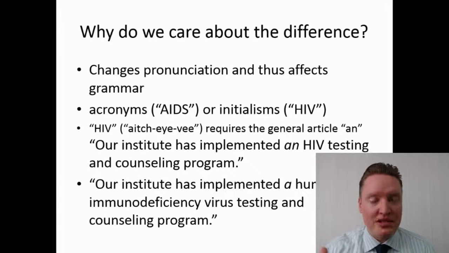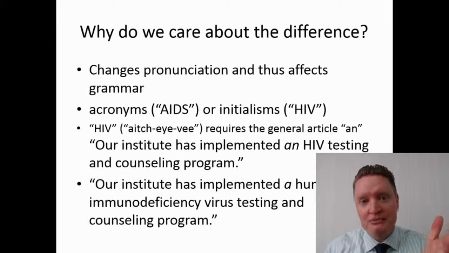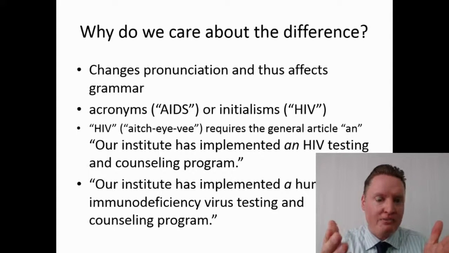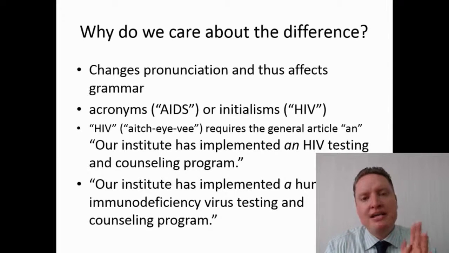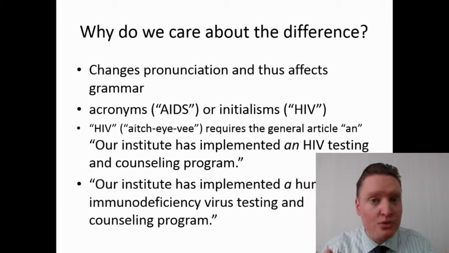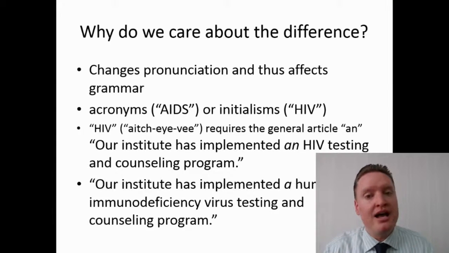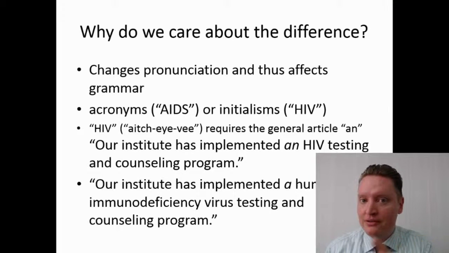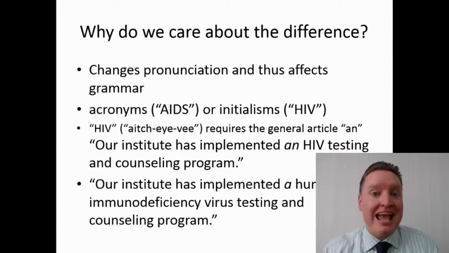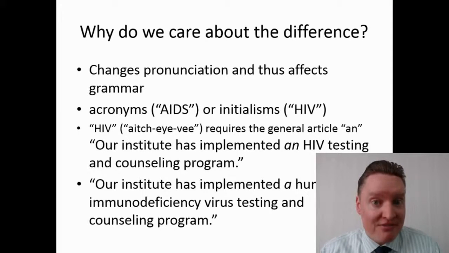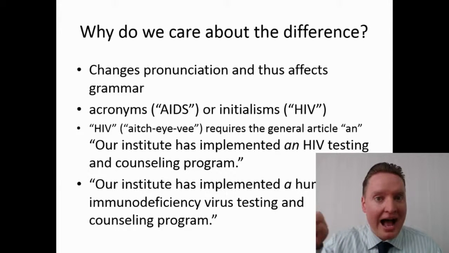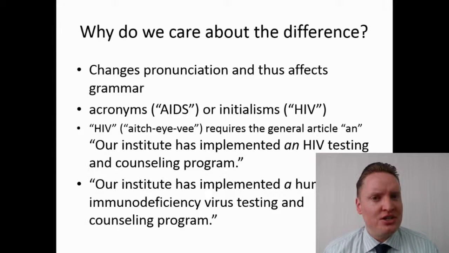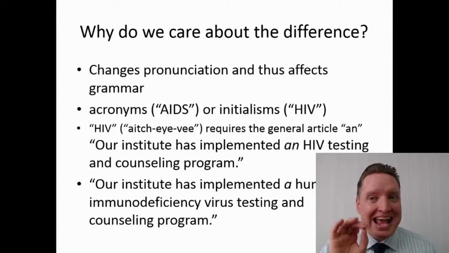Now, why do we care about the difference between the initialism and the acronym? Why is this an important distinction? Because it affects how we pronounce the word, and it affects whether we use an A or an AN in front of the word. Here's my example. Acronym, AIDS. We don't say A-I-D-S, we say AIDS. But when we say the initialism HIV, we do say each letter, H-I-V. So notice how this changes the grammar. Our institute has implemented an HIV.